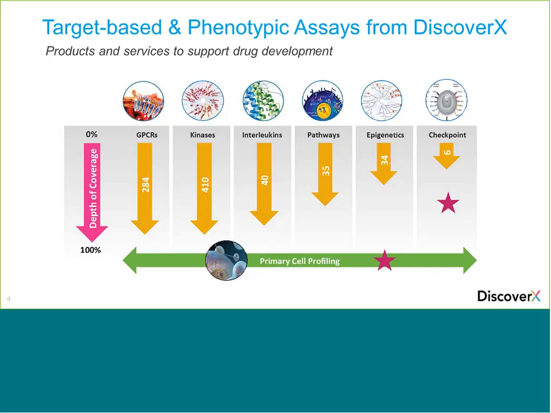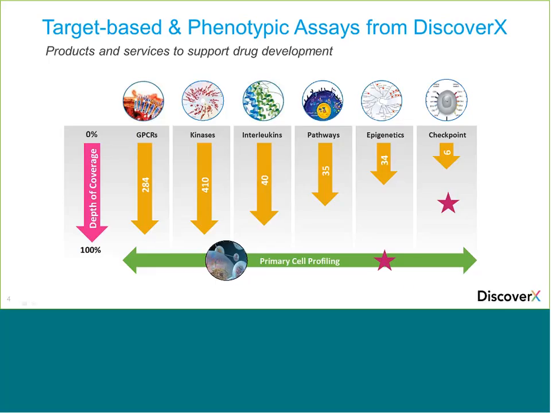Since 2012, when we acquired a company known as BioSeek, DiscoverX also expanded its portfolio of assays and services to include a primary human cell profiling assay technology known as BioMAP that applies more of a target agnostic approach and provides a phenotypic systems biology tool for drug discovery.